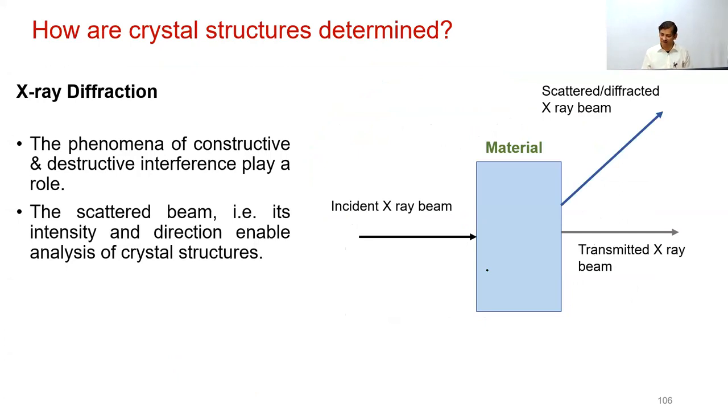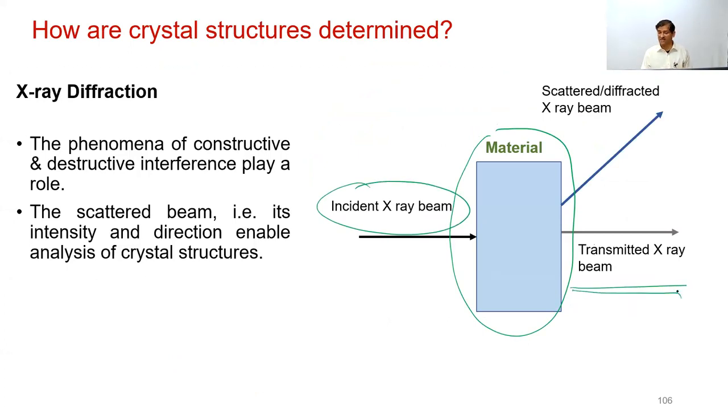So essentially, whenever any material is bombarded with an incident X-ray beam, in most cases, the beam can get transmitted. And this is the beam which is used for our medical purposes. We get an X-ray and then we see what is wrong inside our body. But if it's a crystalline material, if it's a crystalline metal, for example, we also get what is known as scattering.